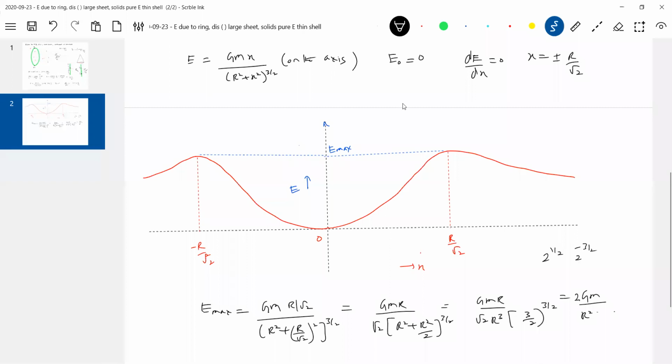Yes, sir, 3 root 3 r square. Okay, so there is a maximum value of that one. Where will it occur? At x equal to r by root 2.